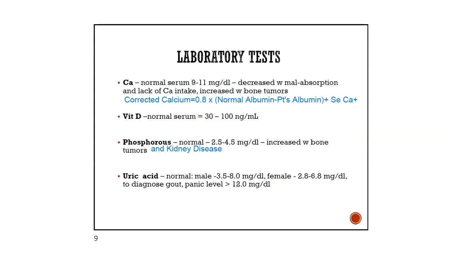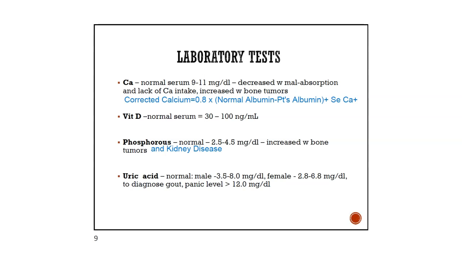Whatever number you get is the corrected calcium, and that's likely the patient's true calcium level. So again, it's not necessarily low just because it's low on the blood results. You have to look at your albumin levels.